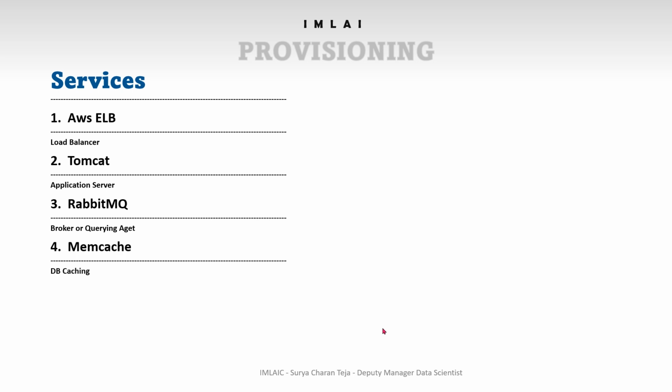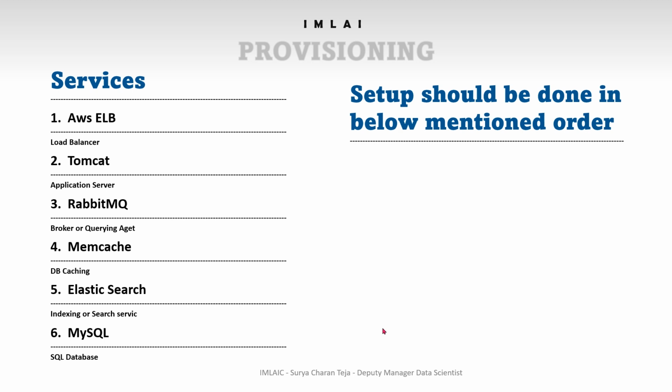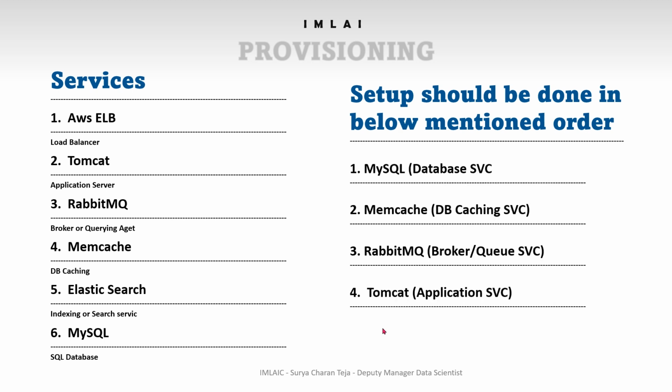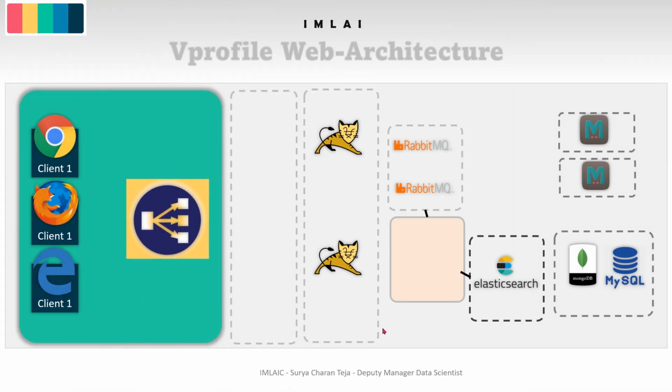Then we have memcached for DB caching, Elasticsearch for indexing or search service. Then MySQL, it's a SQL database. The setup should be in this order: MySQL database, Memcache, RabbitMQ, Tomcat. That's the application service, and we will see the vProfile web architecture here.